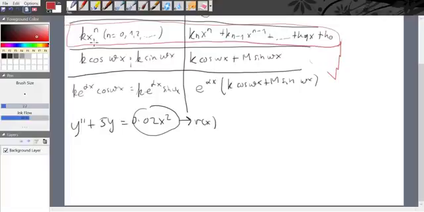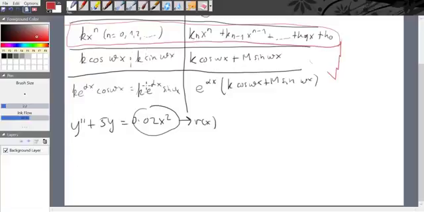So we're going to transfer this form into this form over here and evaluate yp to complete the general solution. Writing things again, for yp we choose this part.